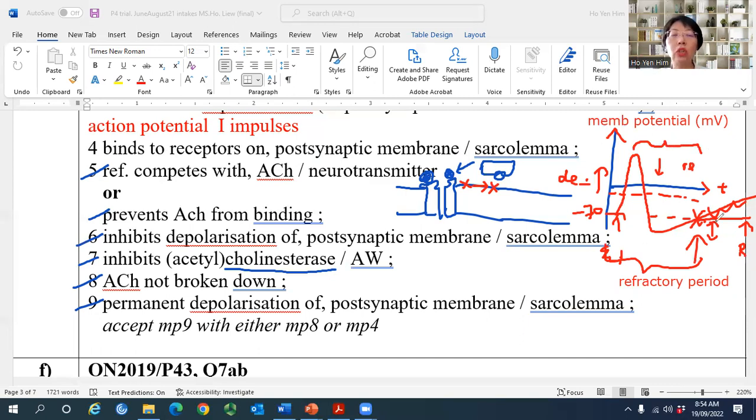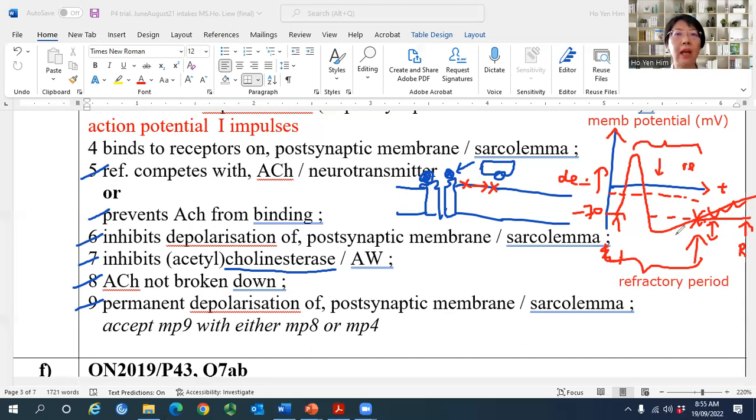But in biology, if you want to do well, you have to first check the definition of this word. We cannot just assume it means recovering. The definition of refractory period is the time from when it receives a stimulus until it can respond to another stimulus. This whole stretch is the refractory period, not only repolarization and hyperpolarization. So if you want to do well in biology, you need to learn the definitions.